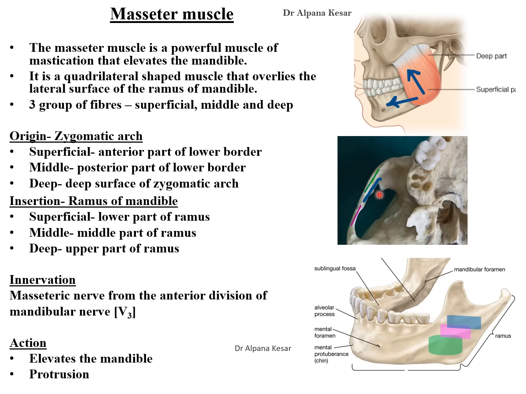The insertion of the superficial fibers is in the lower part of the ramus of the mandible. Middle fibers in the middle part of the ramus, and the deep fibers in the upper part of the ramus of the mandible.